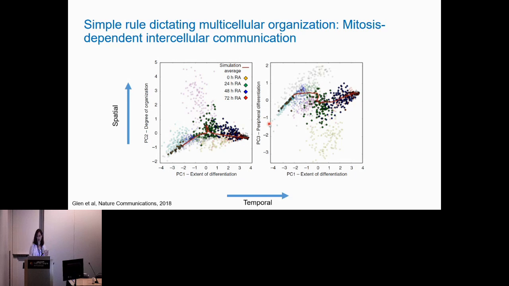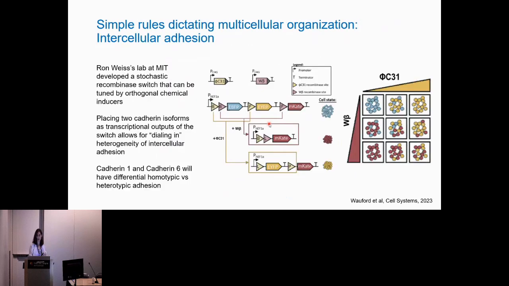I just want to show very briefly an example of how we're starting to use these types of models in synthetic biology examples. So we work very closely with Ron Weiss at MIT, who has developed a cell circuit that uses a stochastic recombinase switch in CHO cells, in which he can add either one chemical inducer or an orthogonal chemical inducer.